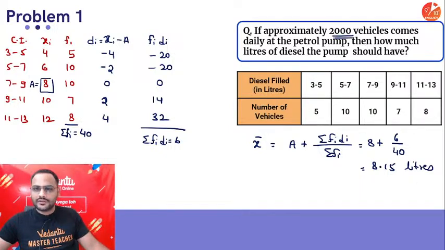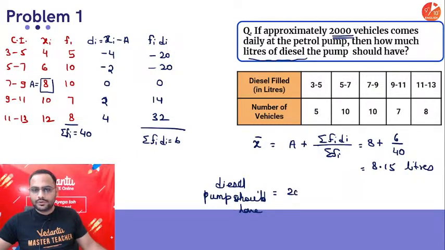So for 2000 vehicles, how many liters of diesel should the pump have? The diesel the pump should have for daily purpose will be 2000 into the mean. 2000 into the mean.